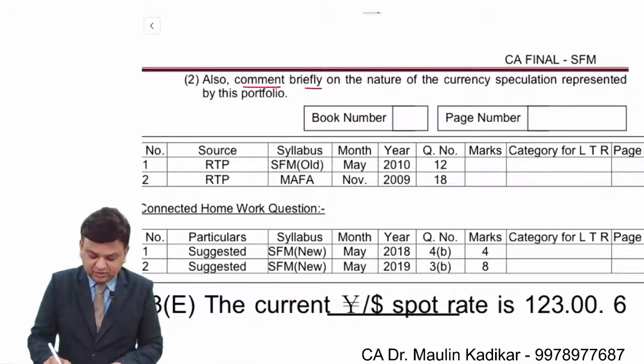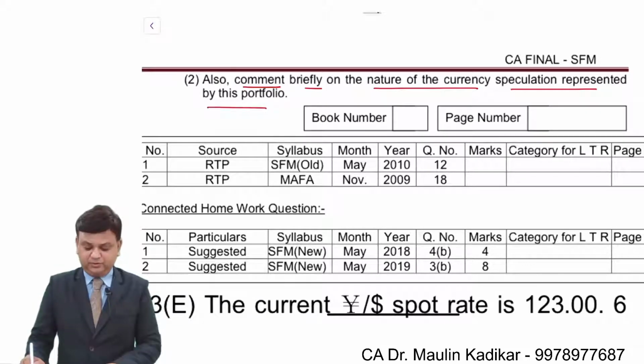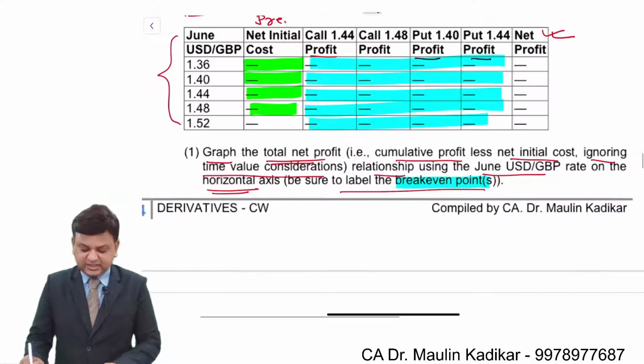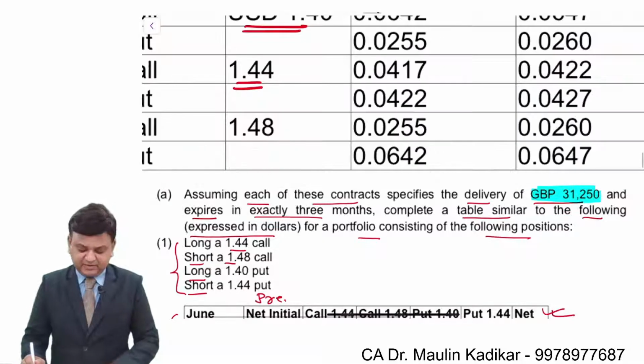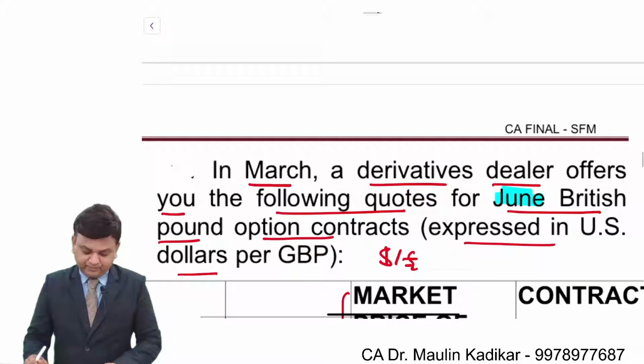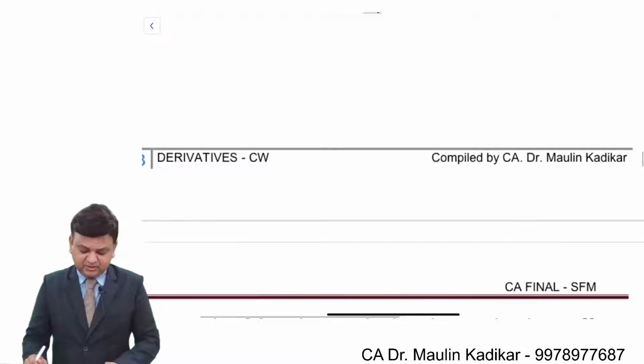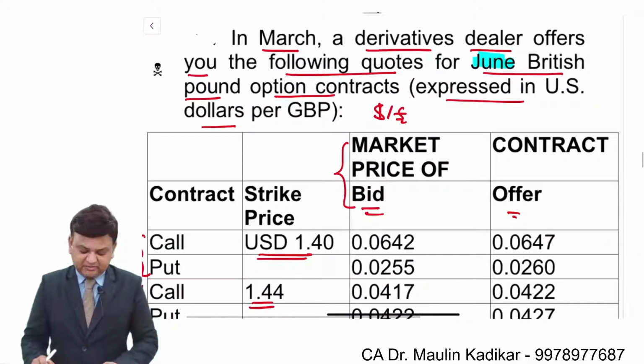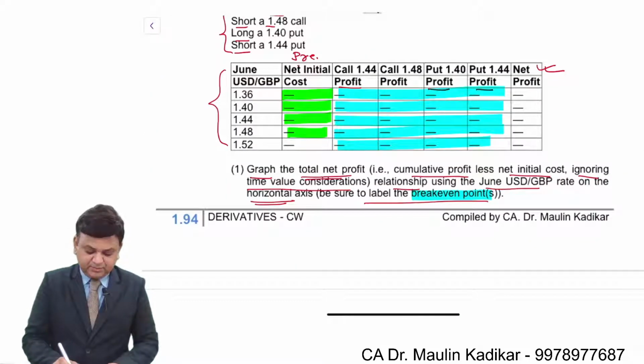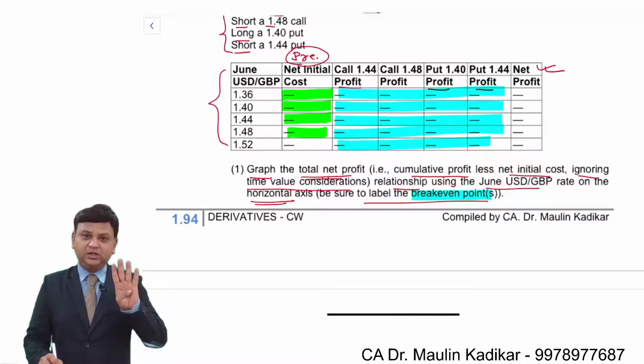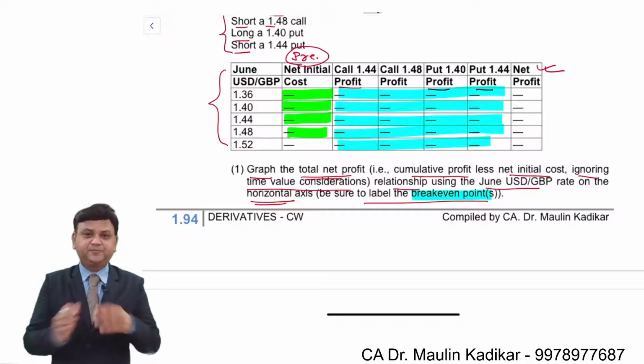Also comment briefly on the nature of the currency speculation represented by this portfolio. So what is the kind of speculation that we have? That is a question. I want all of you to go through the question and tell me what is the amount of the premium net for all these 4 transactions taken together.